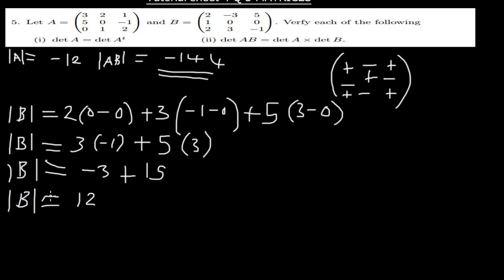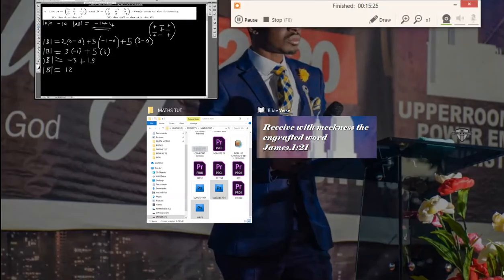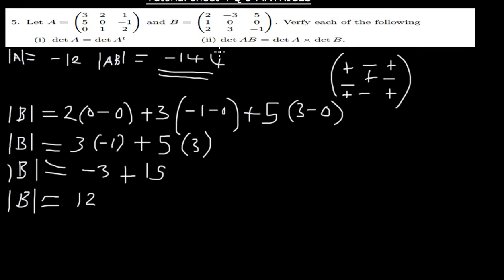Now let us prove the statement. The question is saying we verify that the determinant of AB is equal to the determinant of A times the determinant of B. So the determinant of A times the determinant of B, what do we get as our answer? We push in the values there.